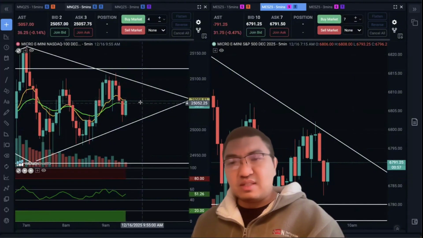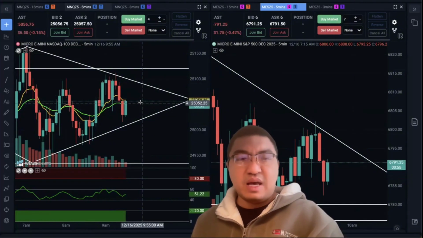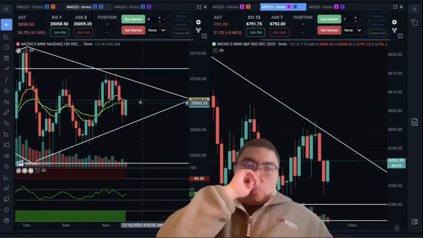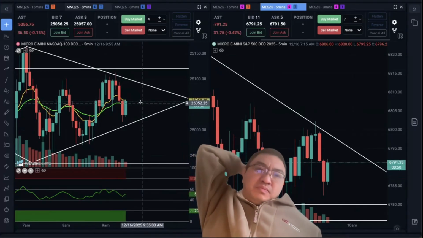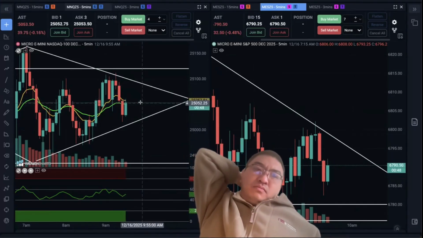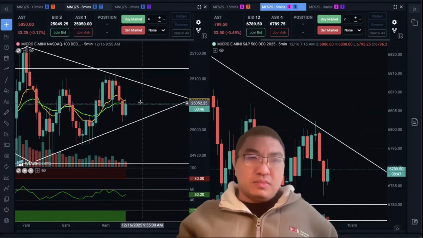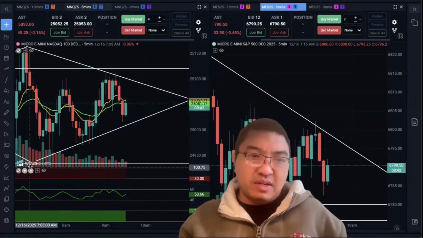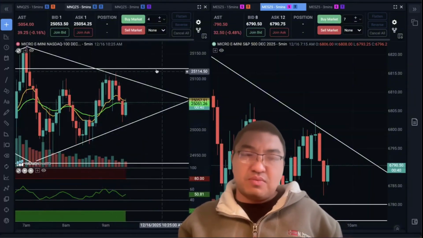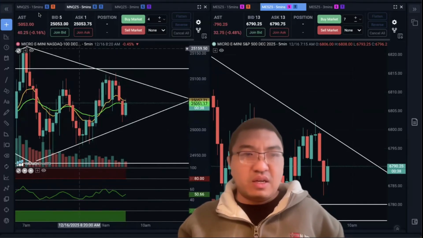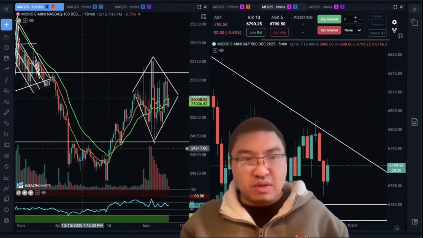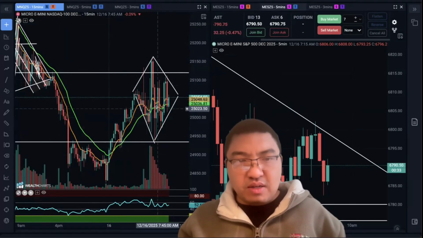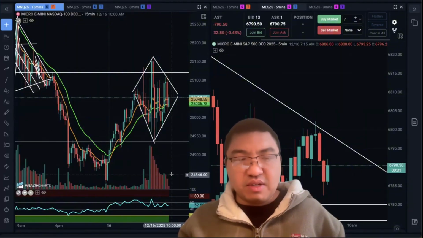Let's see how it's going to sideway. If you look at this, it looks like a flag pattern, a flag upward. A flag pattern reduces the downtrend: you want to go down, but it goes here, flags, and keeps going down.